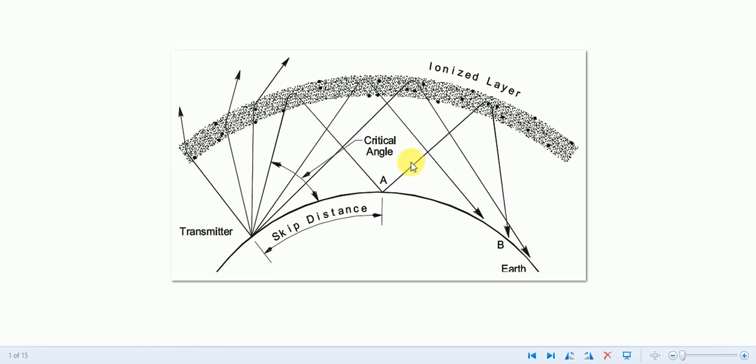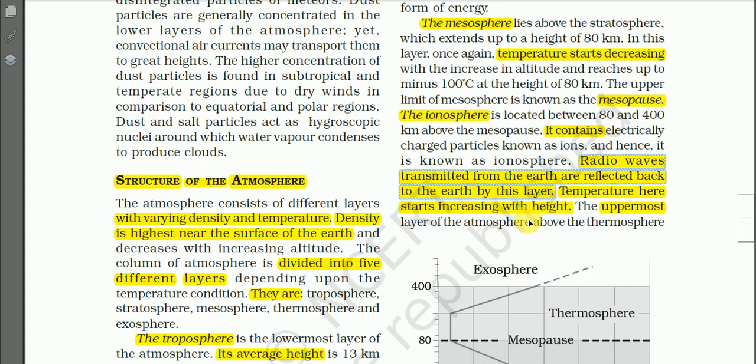So this is the most important feature, or the significance, of this ionosphere. Remember, the ionosphere contains electrically charged particles known as ions, and these ions reflect radio waves back to the earth surface, and thus it helps us in telecommunication.